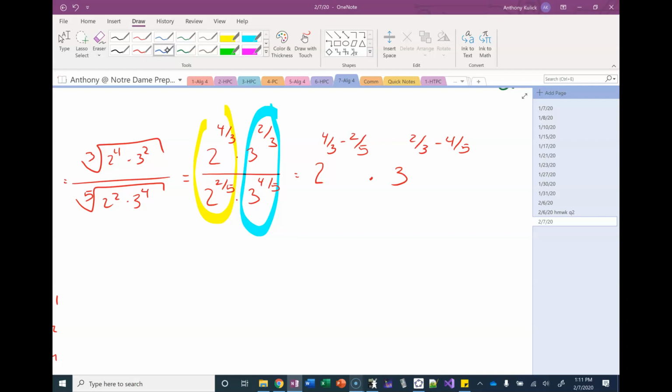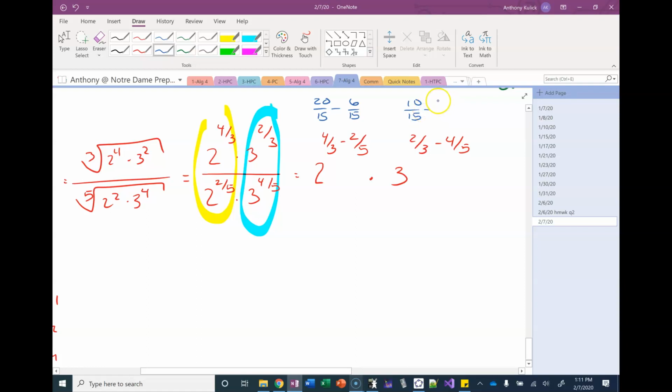To subtract these two fractions, we need to make a common denominator. What would the common denominator be between thirds and fifths? 15. So the 4/3 I'm going to multiply by 5 over 5. And the 2/5 I'm going to multiply by 3 over 3. Similarly, I'm going to do the same thing here. So I multiply by 5 over 5.